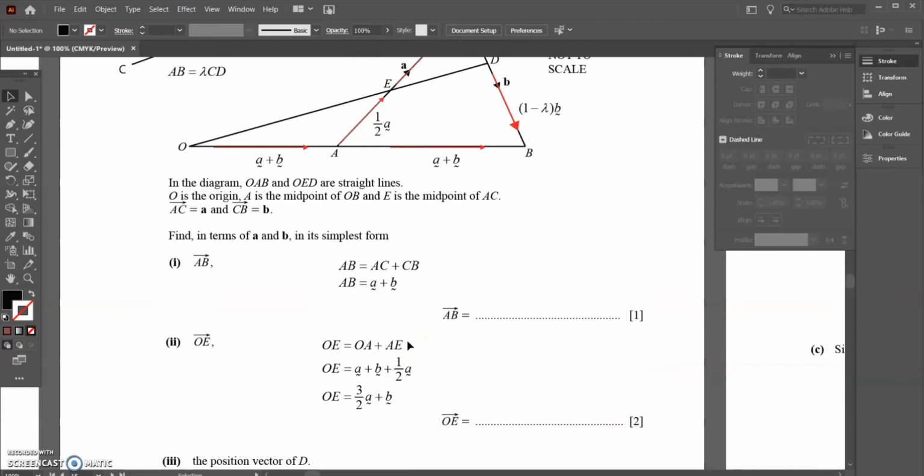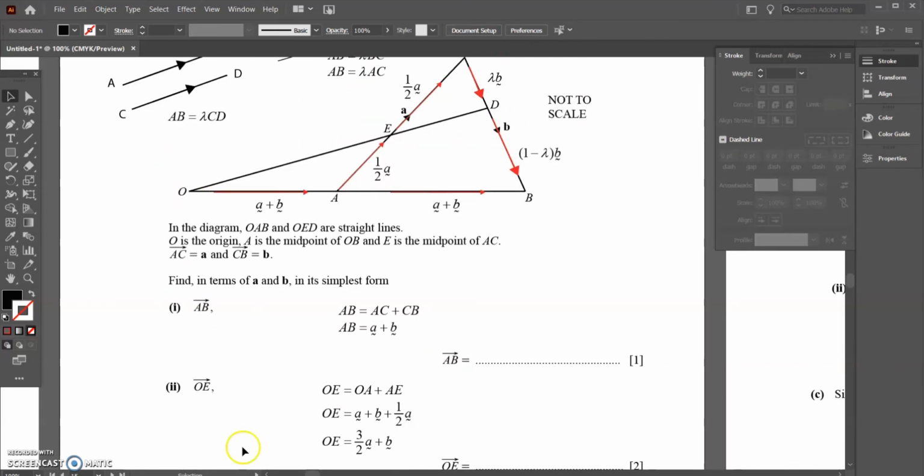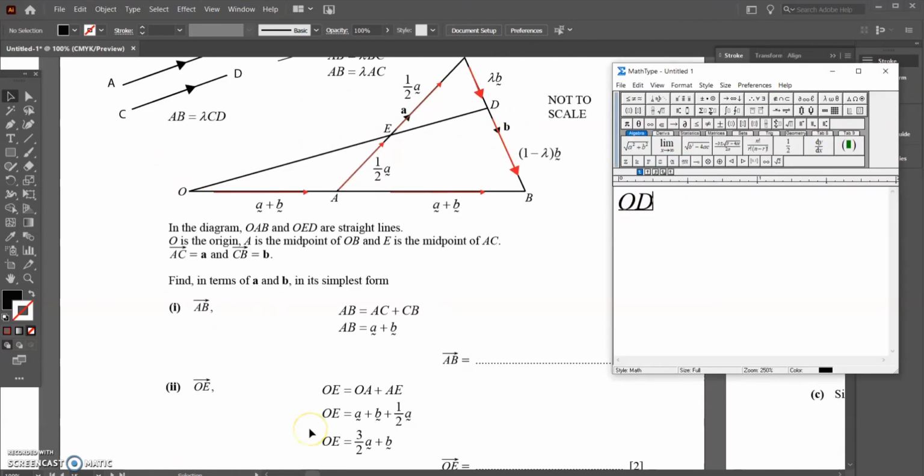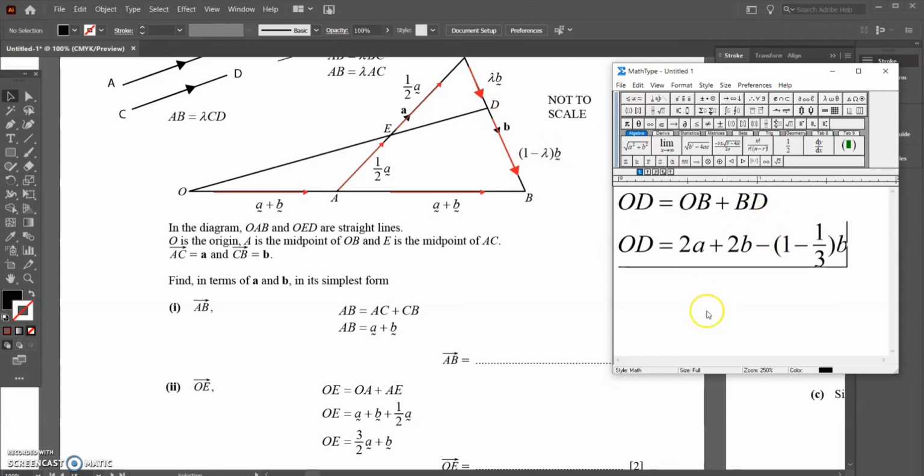So now you want to find OD. You want to find O to D. O to D is equal to OB plus BD. So OD is equal to O to B, which is 2A plus 2B, then you minus, because it's the opposite direction, 1 minus lambda, which just now is 2 over 3. You're going backward, so that's why it's negative.